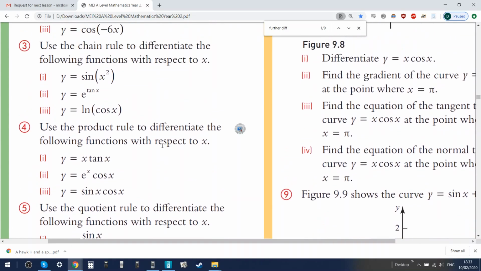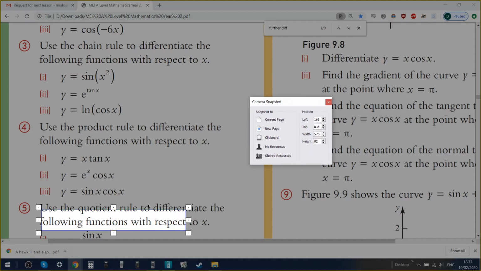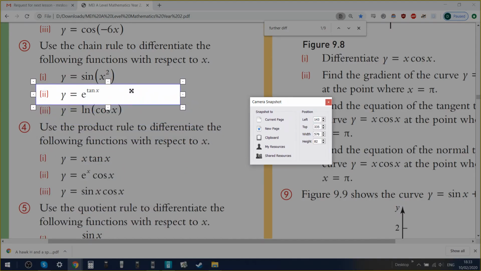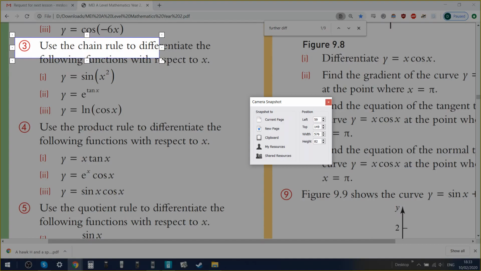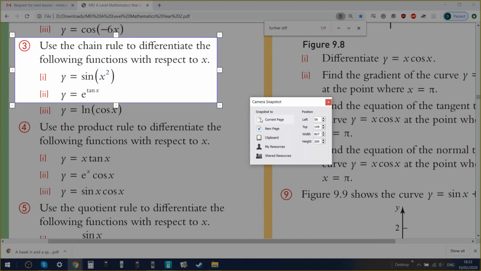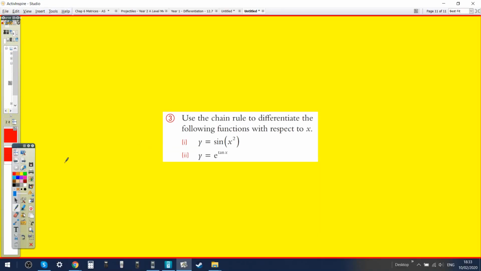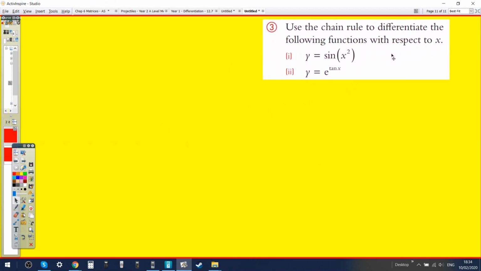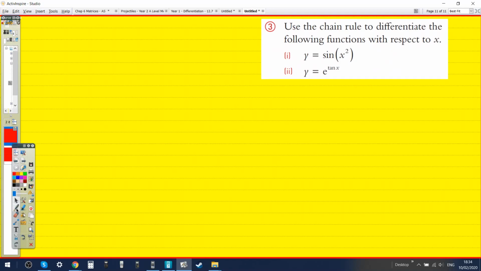Thank you. Okay, let's do question 3, part 2. y equals e to the tan x. Okay, so chain rule, where y is e to the u, and u is tan x.